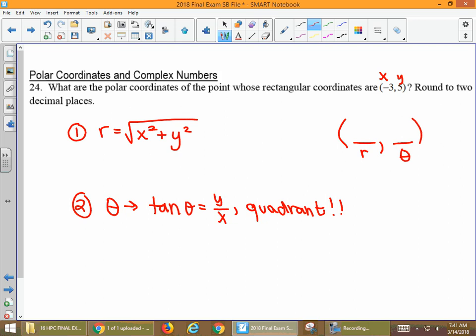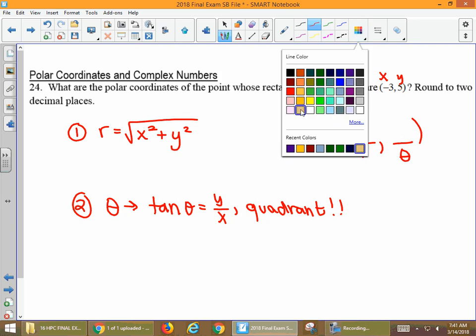That keeps you from having to mess around with the plus 180 when x is less than 0, so you don't have to worry about that if you take the quadrant into account.